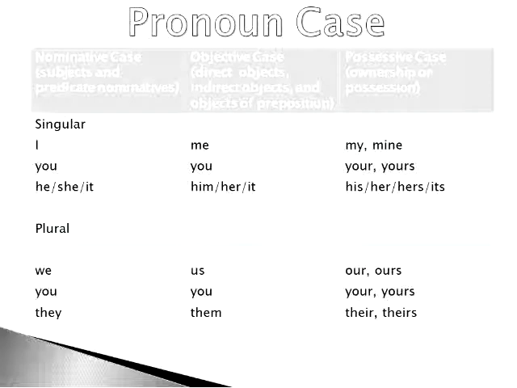Okay, and then you have your pronoun case. You have 3 of them, and you see how they change. Right now we're going over the nominative case and the objective case. We're really focusing on those 2 since those are the ones you're having issues with. You see how they change. I, me, my, and mine. You, your, and yours.